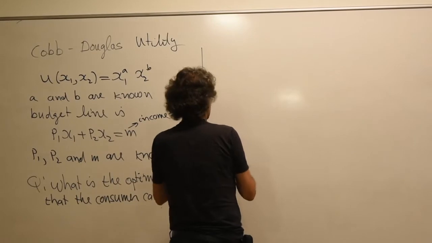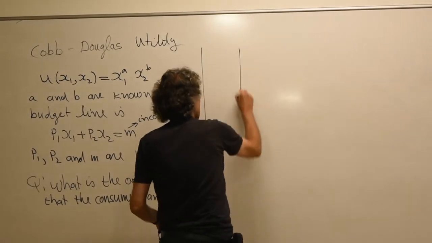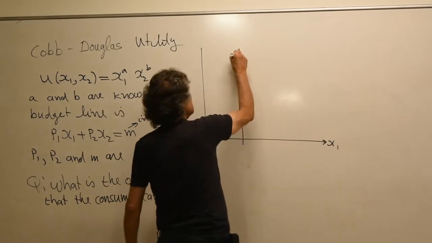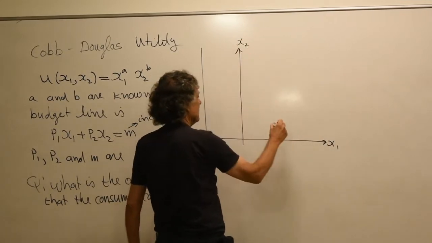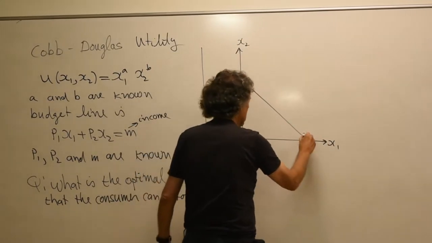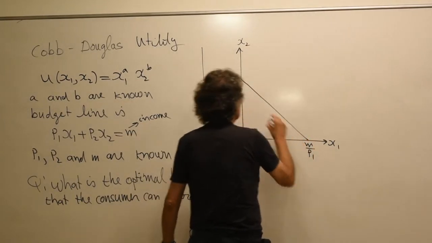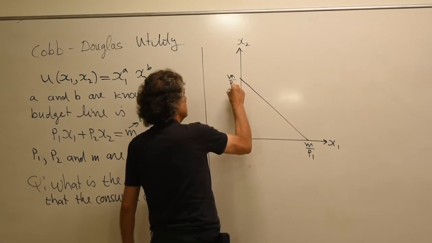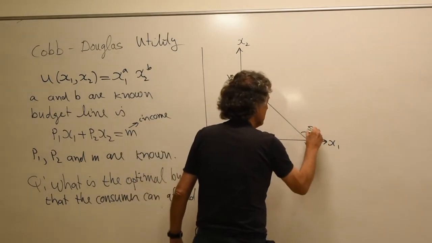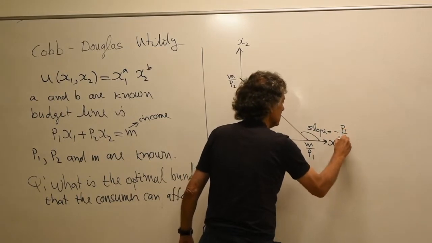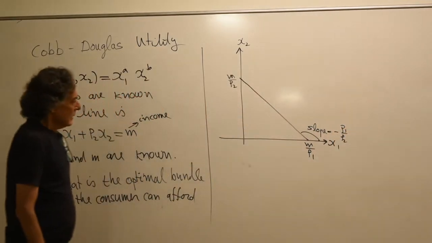So I have, this is x1, this is x2, this is the budget line, so this is M over P1, this is M over P2, and the slope equals negative P1 over P2.